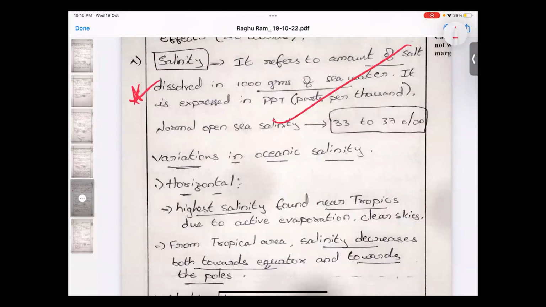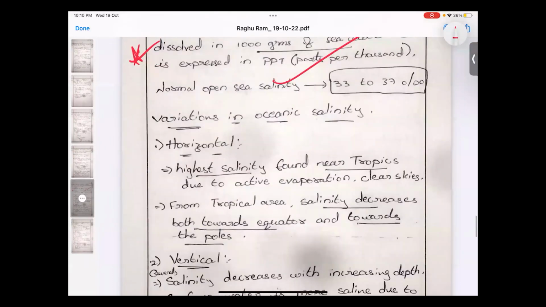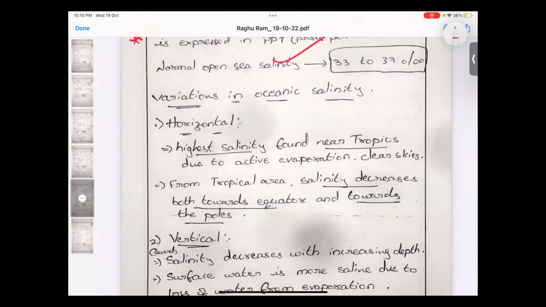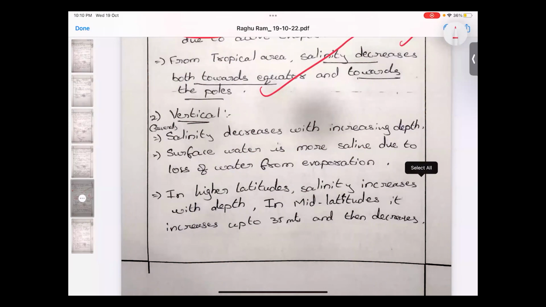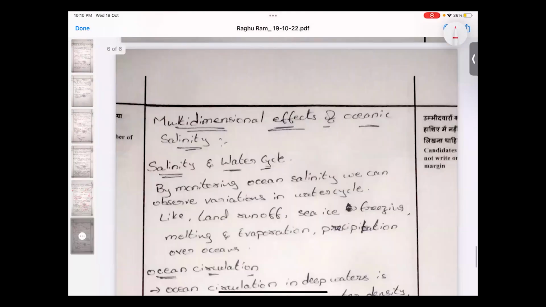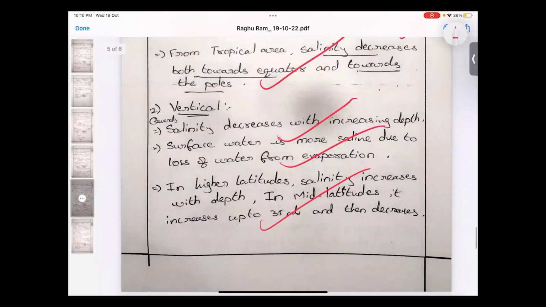It's a good thing. Yes, highest salinity in tropics. So when I said between equator and pole, it is tropics. Yes, depth. Yes, latitudes. Some more points as we discussed, you can write. Raghu?